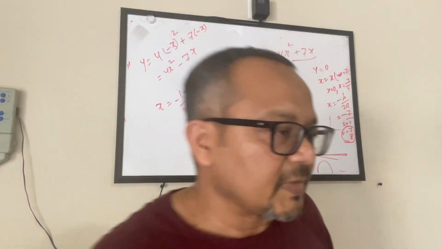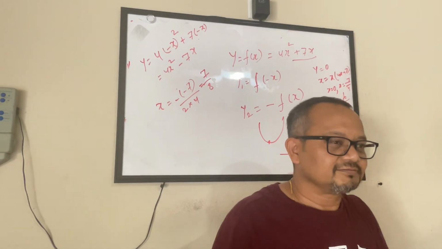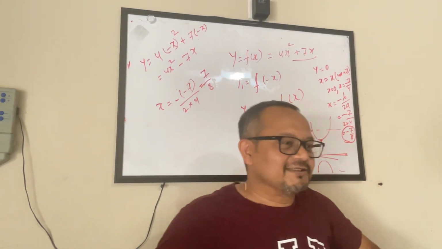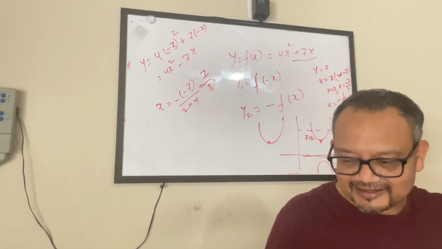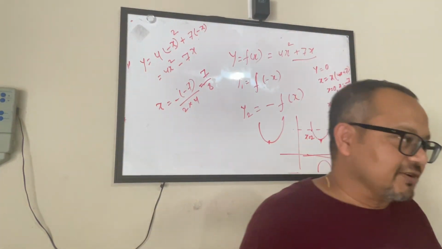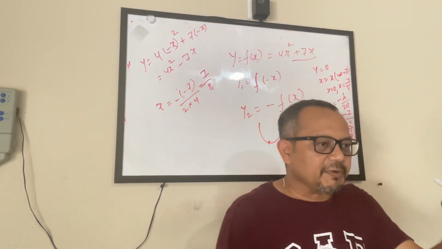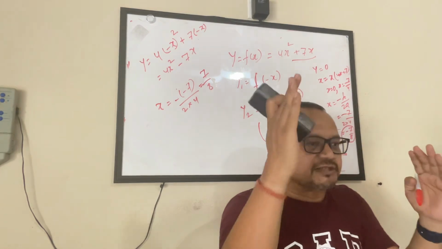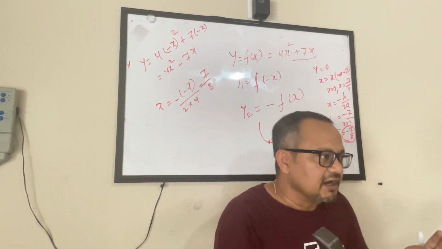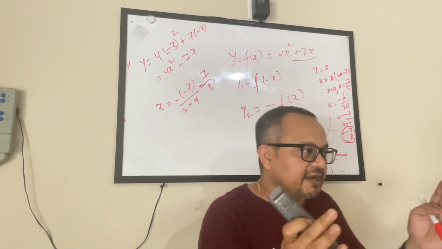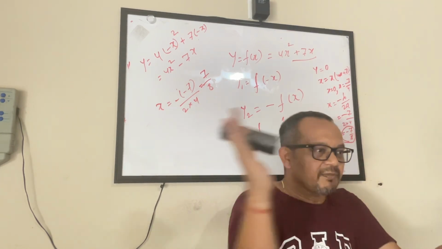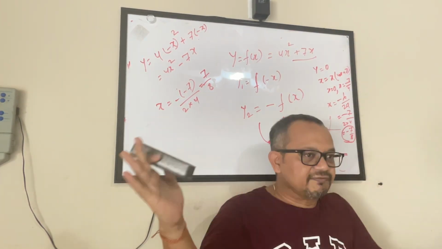Let's come back to build the understanding. So far what we saw, f(x plus c) inside the bracket or f(x minus c) inside the bracket makes the parabola move laterally, left or right.